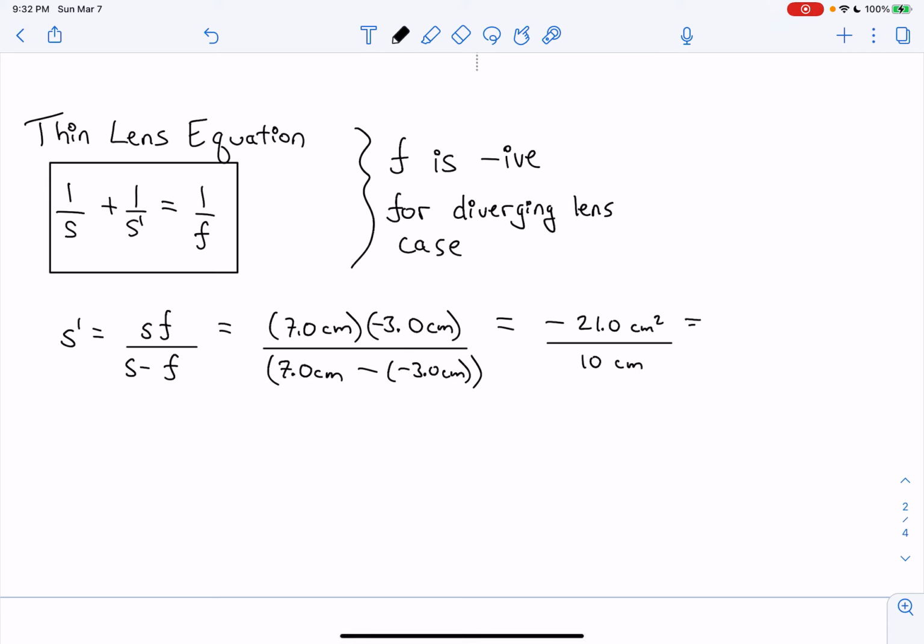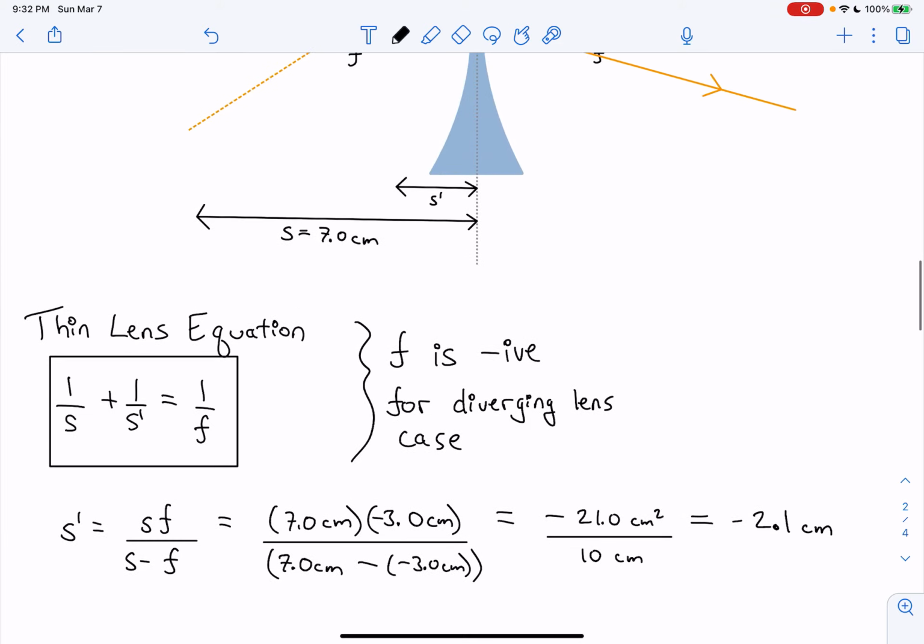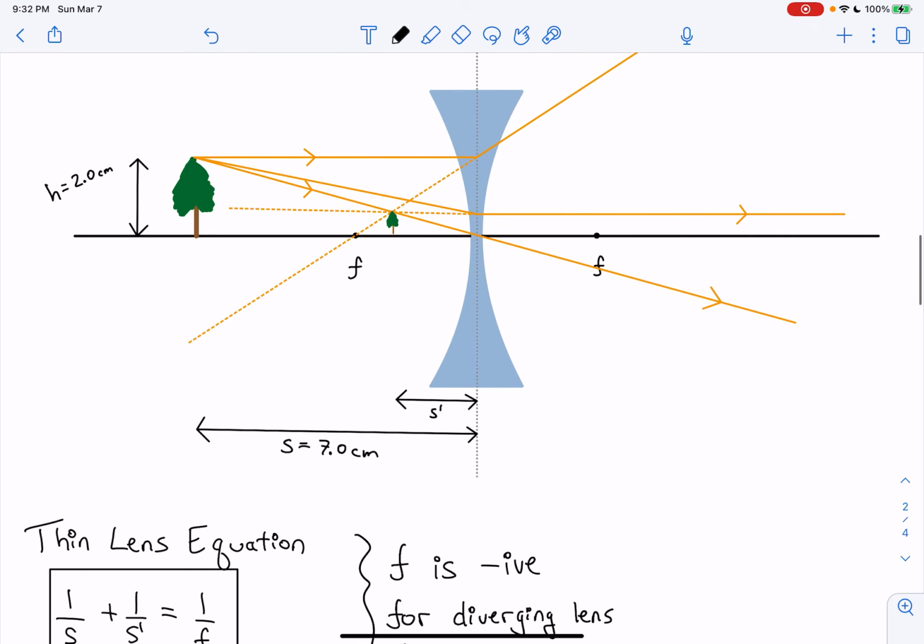So we end up with a value of negative 2.1 centimeters for our location of that. And so we go back up. Does that make sense? Well, if this full distance here is 7, this distance 2, yeah, that looks about right.